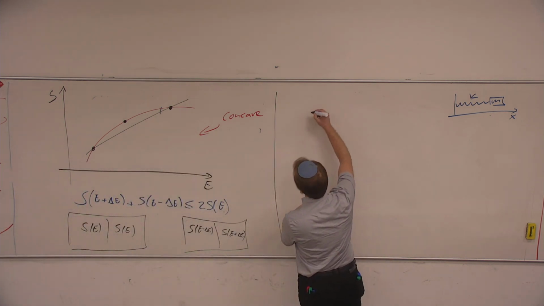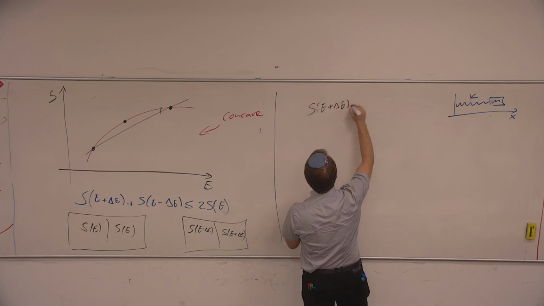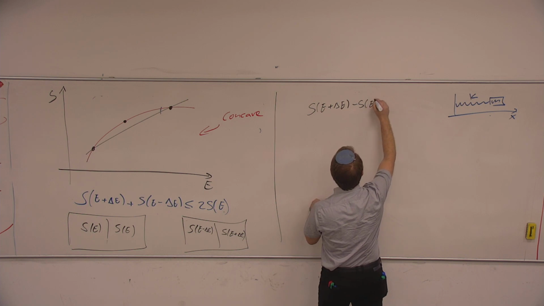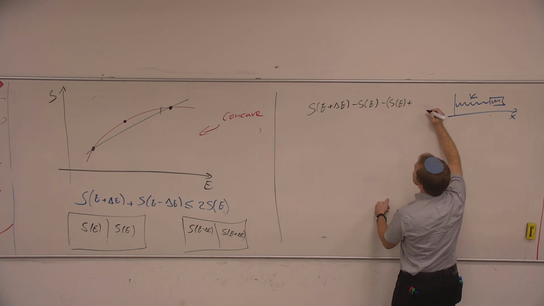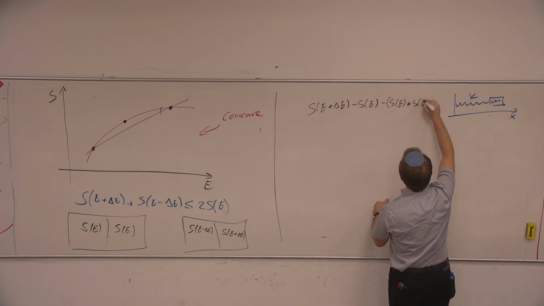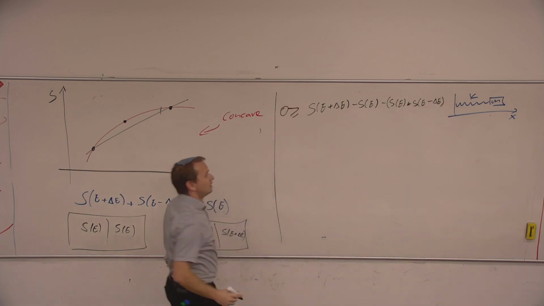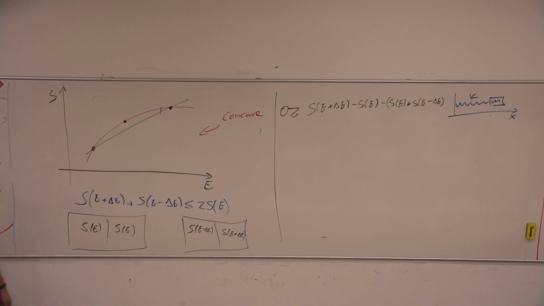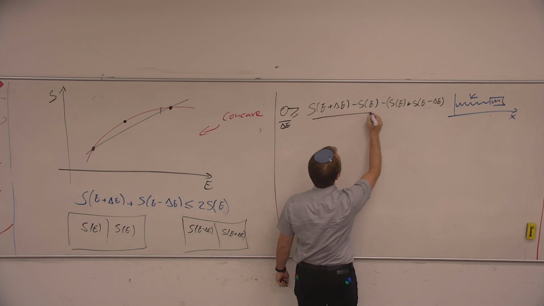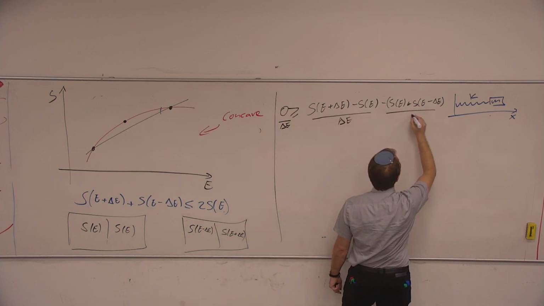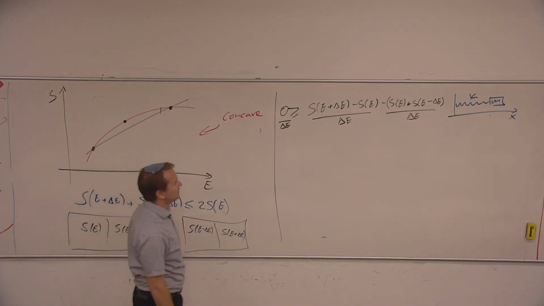So let's write this in the following form: S of E plus delta E minus S of E minus S of E minus S of E minus delta E, and we know that this is smaller than 0. Now let's divide both parts by delta E. What are we getting here?